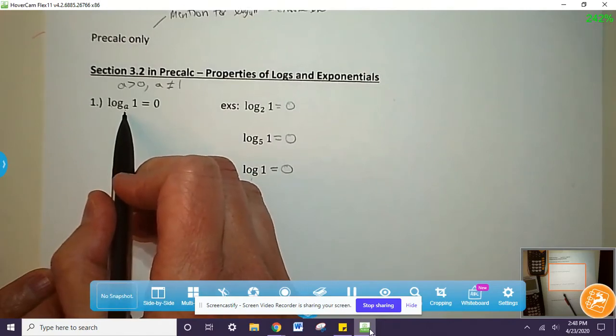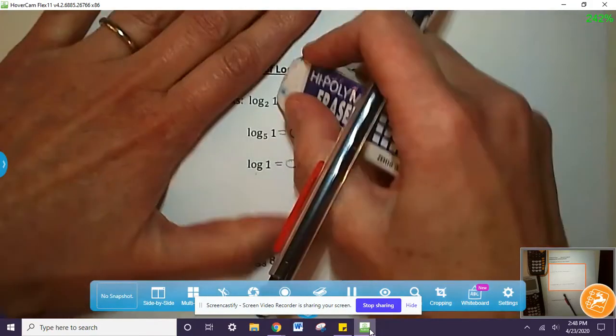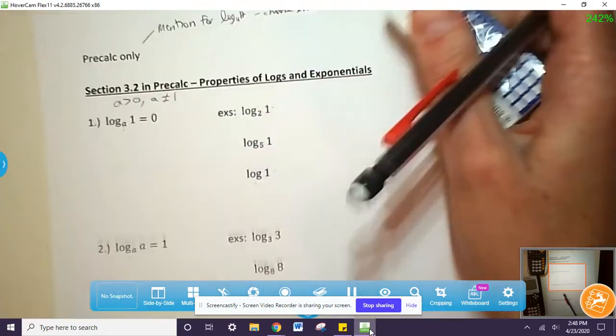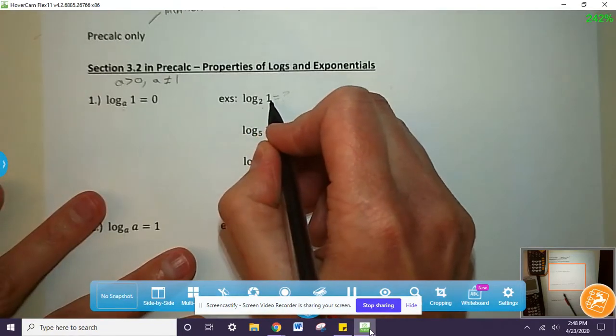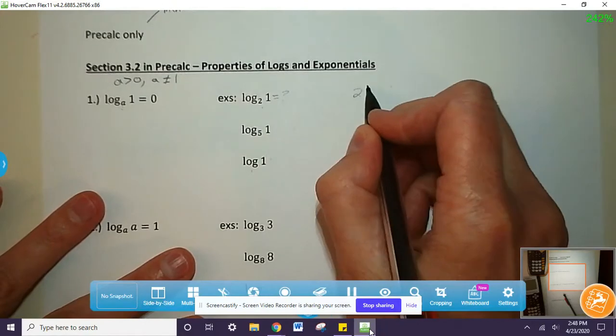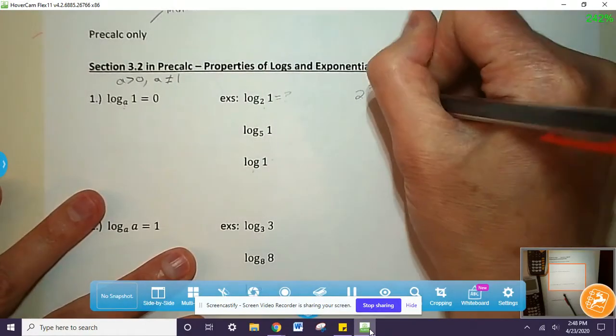But just to let you know, you don't need to memorize it because if you ever forget or don't realize that you're looking at this property, you still know how to solve all of these. If you wanted to solve for log base 2 of 1 equals what, you would switch that over and say 2 to what power gives me 1? And the answer is 0.